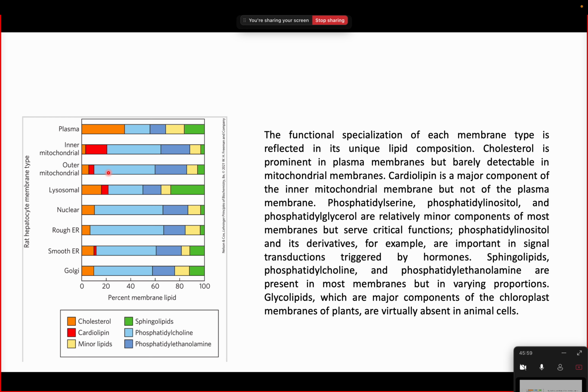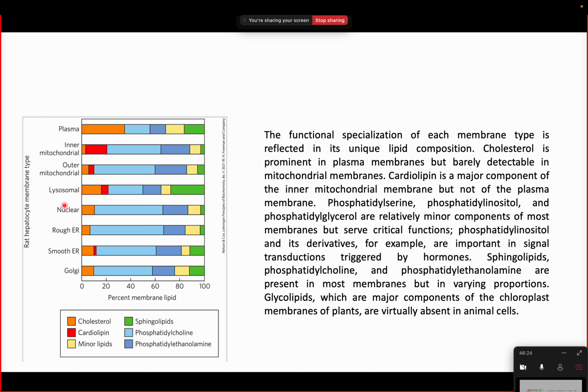If we look at other lipids, for example sphingolipids, they are present in all of the membranes, but in different percentages. The highest will be in lysosome. Sphingolipids are majorly present in lysosome in comparison to the other membranes here.